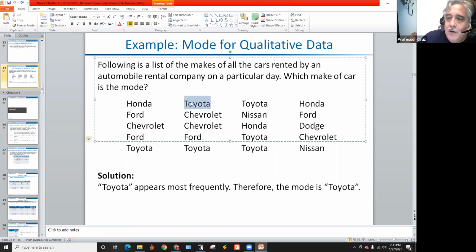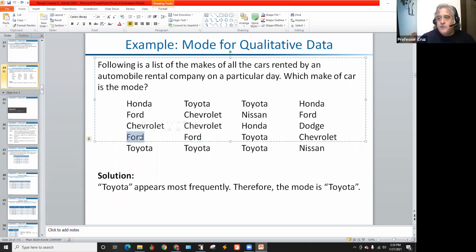So you got 1, 2, 3, 4, 5, 6 Toyotas, and you have 2 Nissans, you have 4 Chevrolets, you have 1, 2, 3, 4 Hondas, and then you got Fords. 1, 2, 3 Fords.